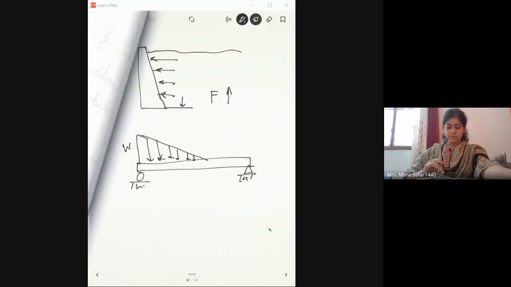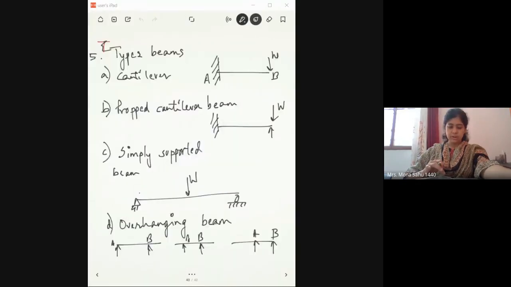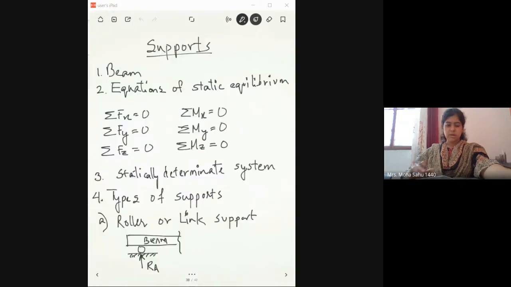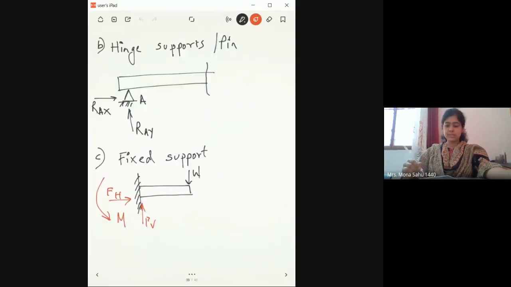So what all did we learn today? You learned about supports, beams, static equilibrium. What is a beam? Statically determinate system. Types of supports: roller, hinge, and fixed, and what type of reaction force comes in for each of the supports.